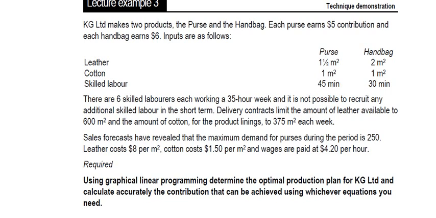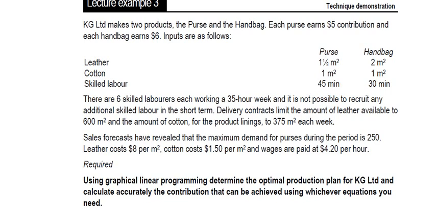Delivery contracts limit the amount of leather available to 600 square meters and the amount of cotton for the product lining to 375 square meters each week. So again, leather and cotton are a limiting factor. Sales forecasts have revealed that the maximum demand for purses during the period is 250.